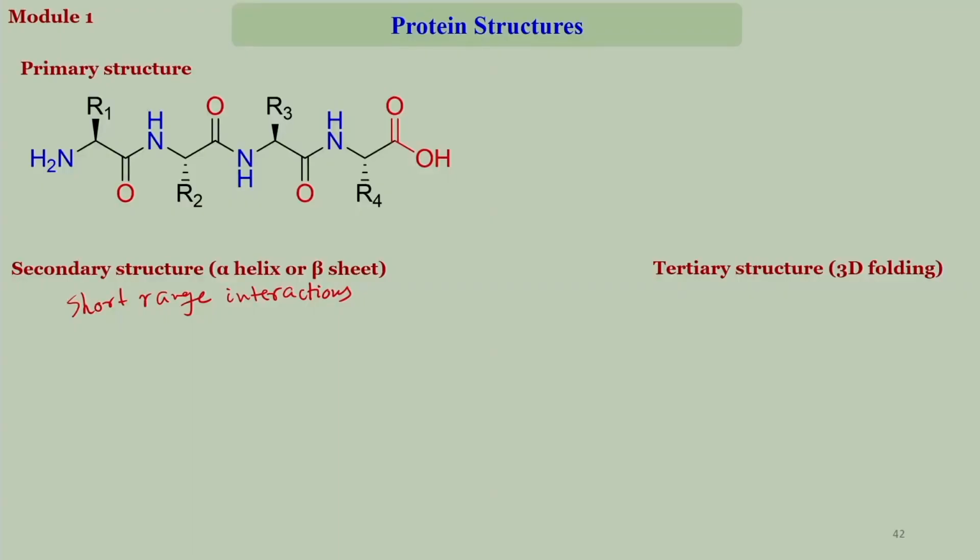That is just an example. That will change the orientation of the whole protein, and that will make the alpha helix or the beta sheet structure. So, these are the short range or local interactions that are present within the protein structure. Tertiary structure is the long range interactions.